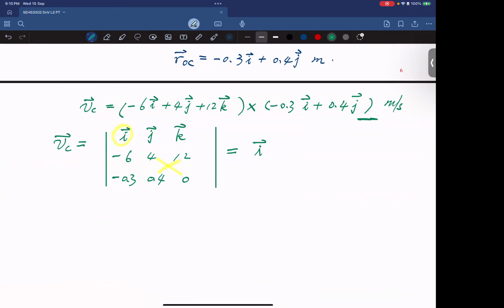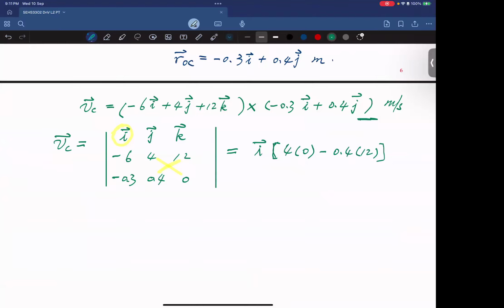So I times 4 times 0, minus 0.4 times 12. This is the I part.